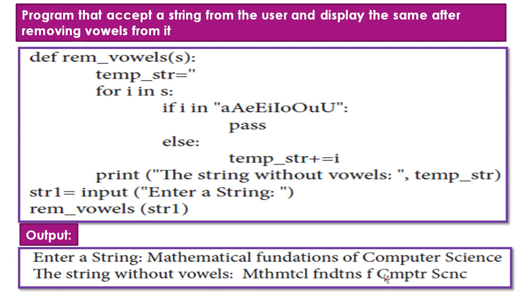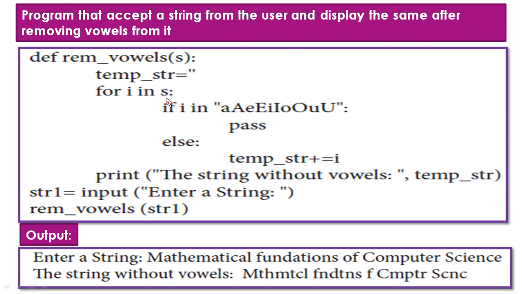The resultant value, which contains no vowels, is stored in temp_str. Here we are checking each character in the given string. The first character is m, for i in s. So temp_str contains a resultant value without the vowels.